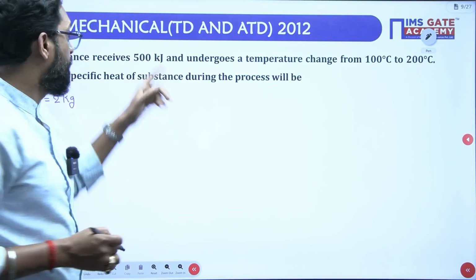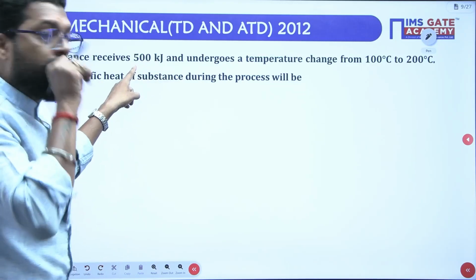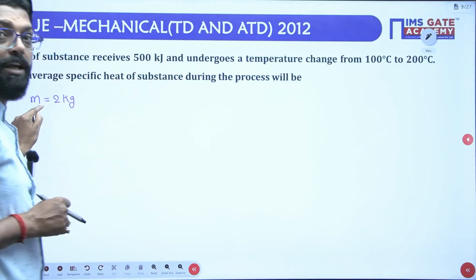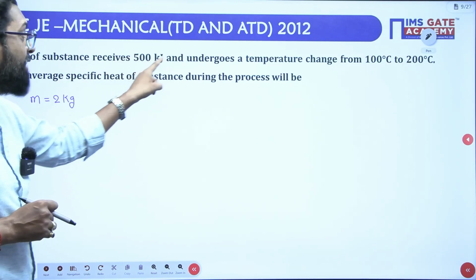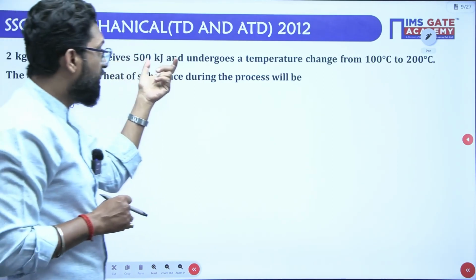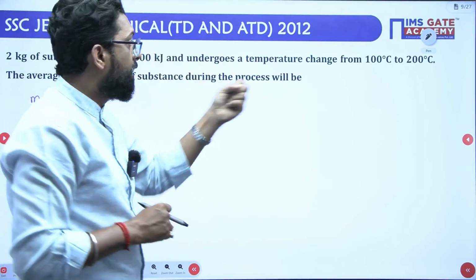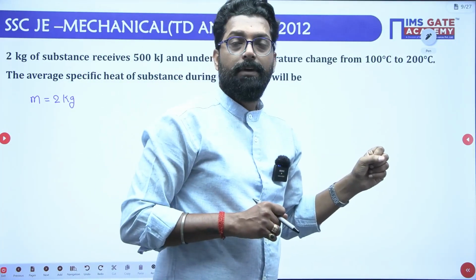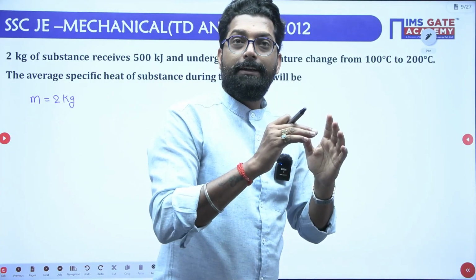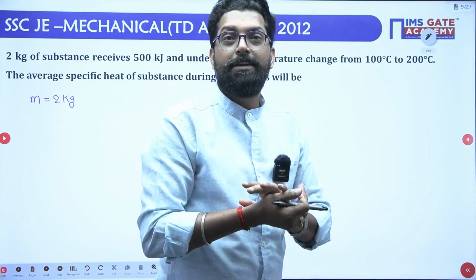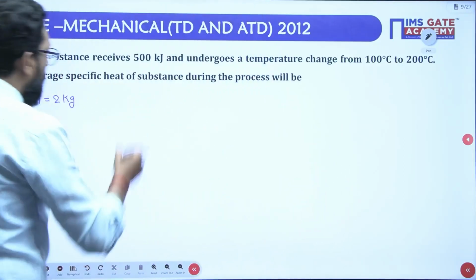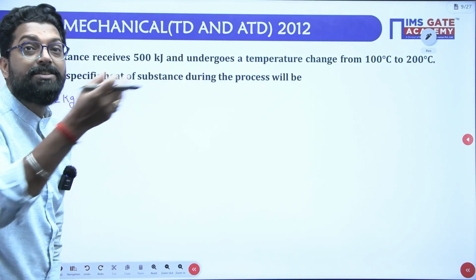I don't know up to this point. But when it receives, its temperature changes. So who is responsible for changing the temperature? Heat. So heat is received, that means heat is added.